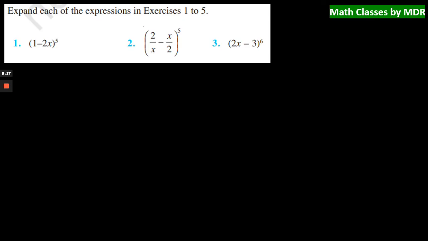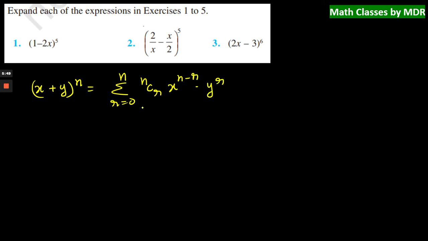Expand each of the expressions in this exercise, 1 to 5. Let us start with (1 minus 2x) whole to the power 5. We know that the general formula for (x plus y) whole to the power n is sigma r is equal to 0 to n, nCr x to the power n minus r, y to the power r.